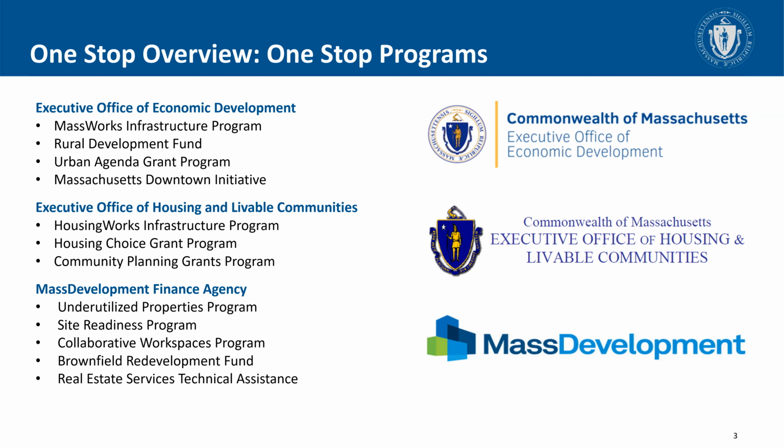At the Executive Office of Housing and Livable Communities, we have the new Housing Works Infrastructure Program, the Housing Choice Grant Program, and the Community Planning Grant. And with our third partner, the MassDevelopment Finance Agency, we have the Underutilized Properties Program, Site Readiness, Collaborative Workspaces, the Brownfield Redevelopment Fund, and Real Estate Services Technical Assistance.